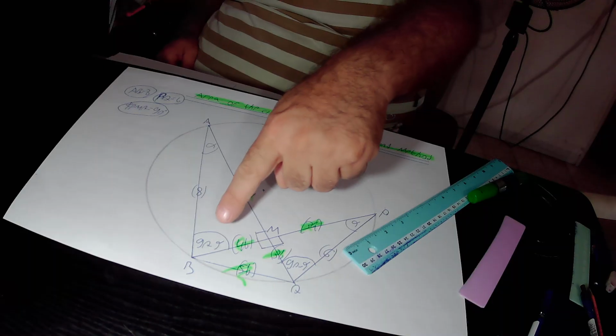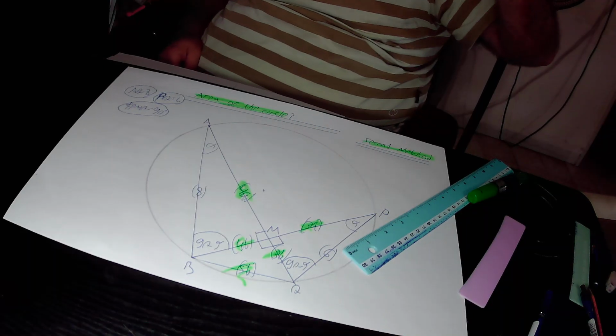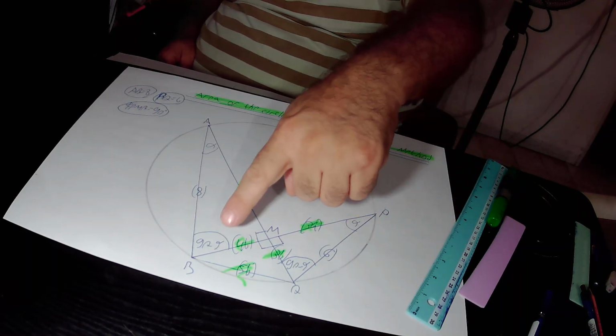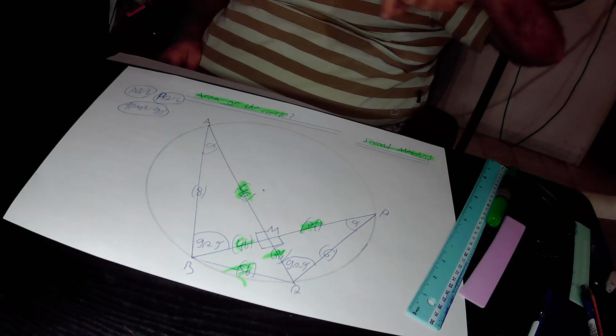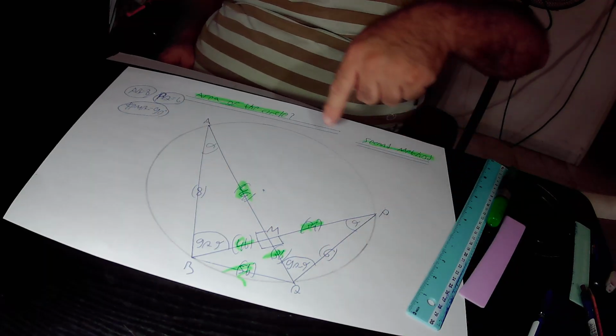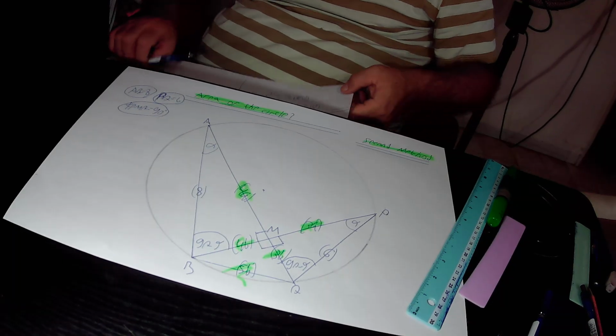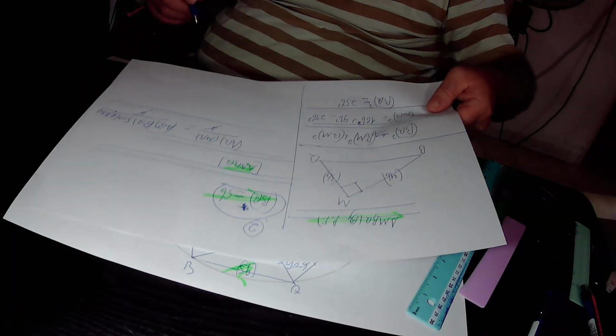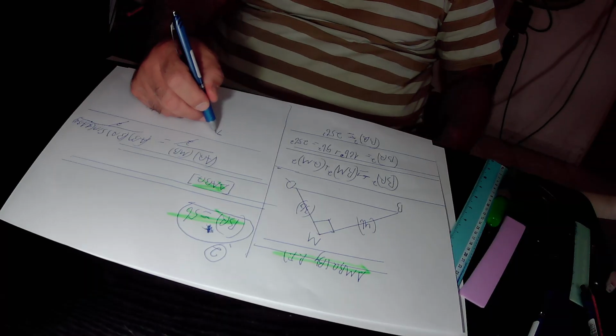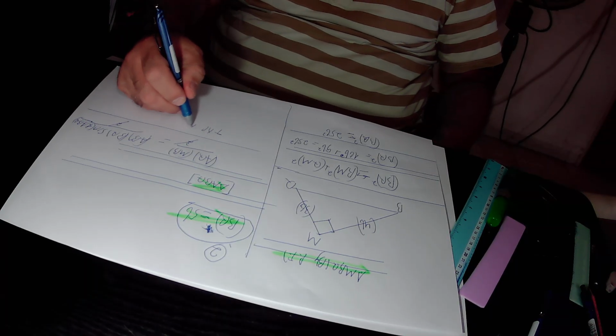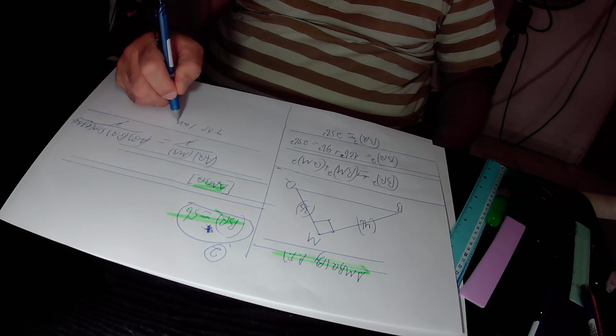AQ over sine angle ABQ equals 2R. Again, AQ over sine angle ABQ equals 2R. And 2R is the diameter of this circle that circumscribes triangle ABQ. So, write it down. According to the law of sines, in our original drawing, the following equation will be true.